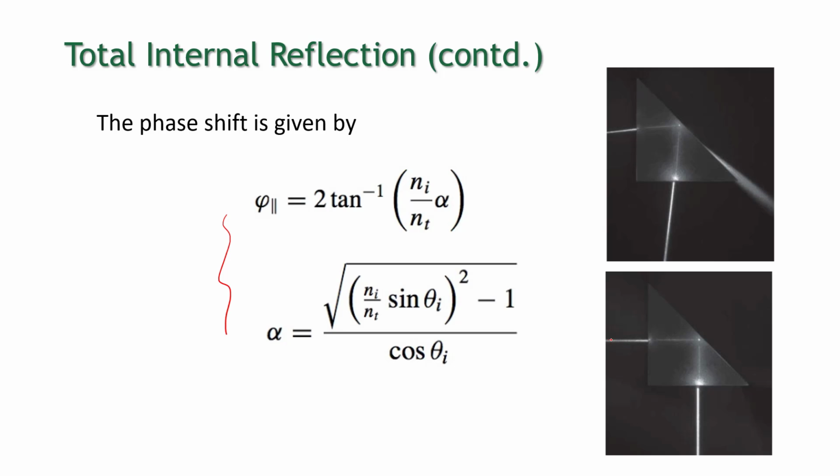The light hits the prism, and that's the perpendicular or normal. So instead of going out, because this angle is greater than critical angle, it doesn't go out. Instead, it is reflected in the same medium. Okay. So that's the total internal reflection.